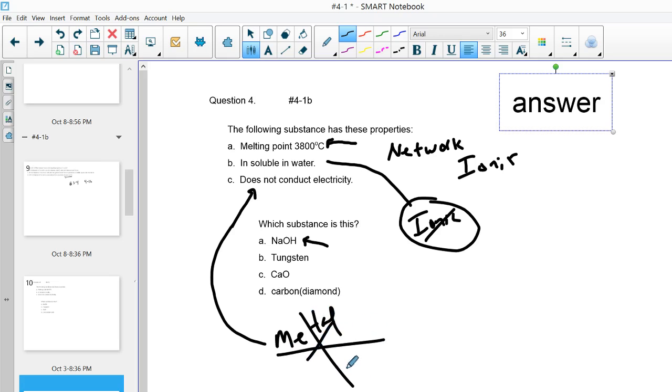And there are some metals that have extremely high melting points. So, in this case, I would say, okay, it's not tungsten. It's not an ionic compound, and I'm looking most likely at carbon in the diamond form, mostly because of this high melting point. Next question.